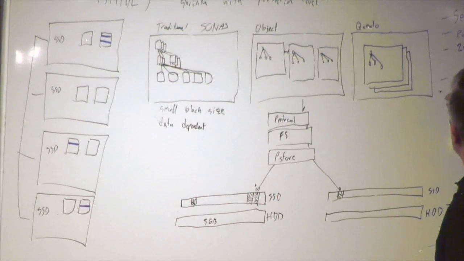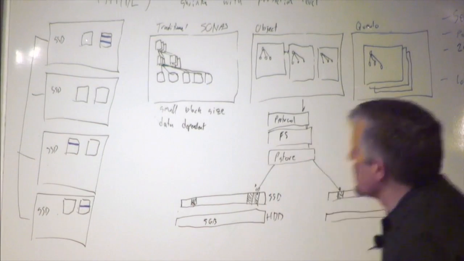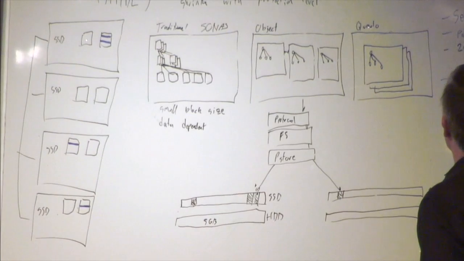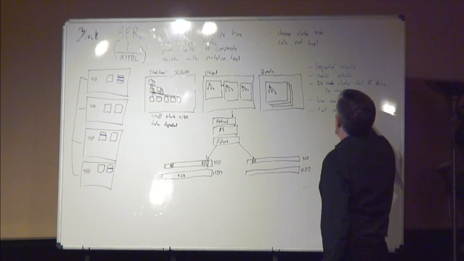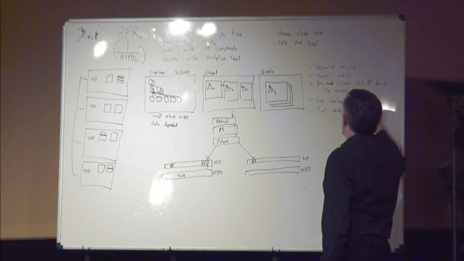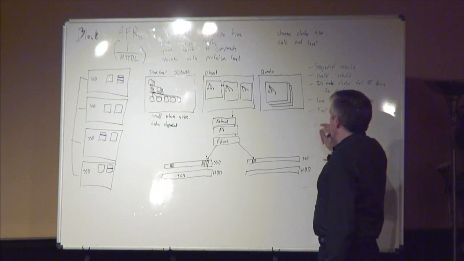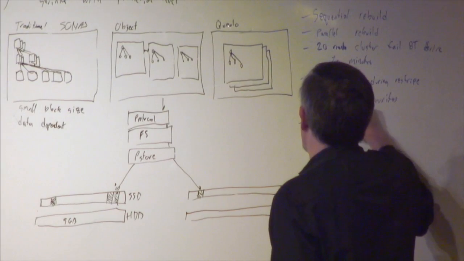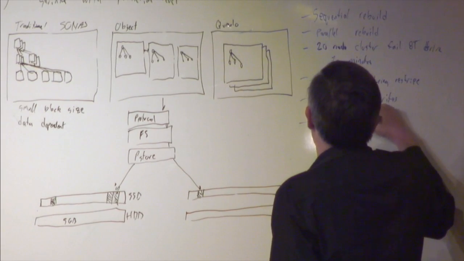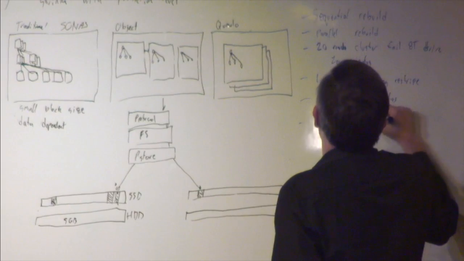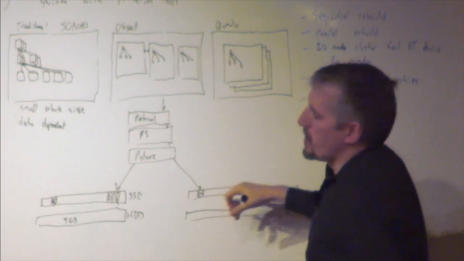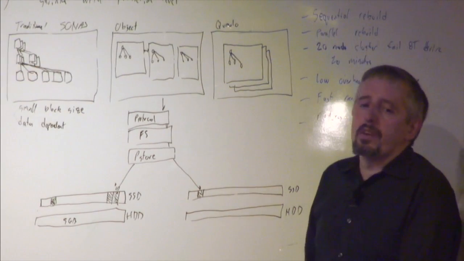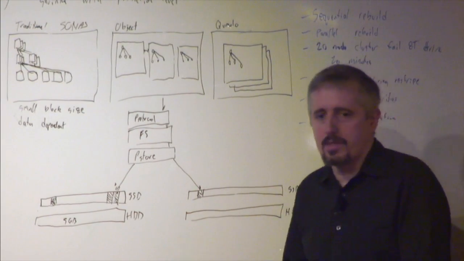This allows fast random writes, and it actually reduces fragmentation. We end up doing random writes to the SSDs, but we can coalesce them together and do sequential writes to the spinning disk as the data comes through.